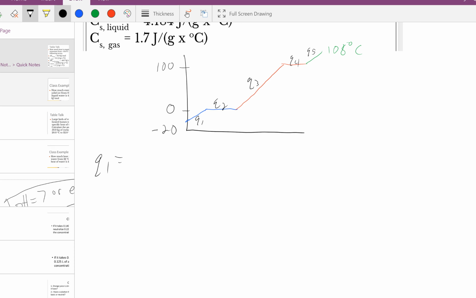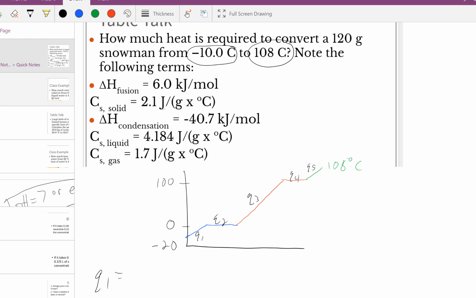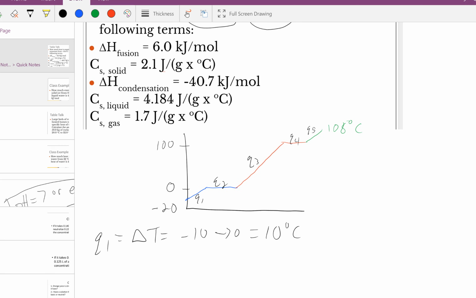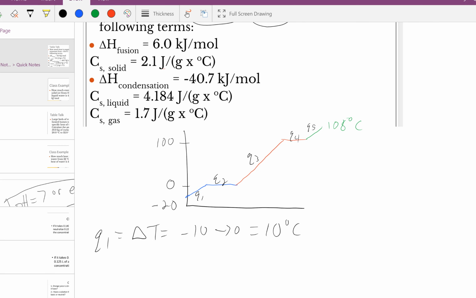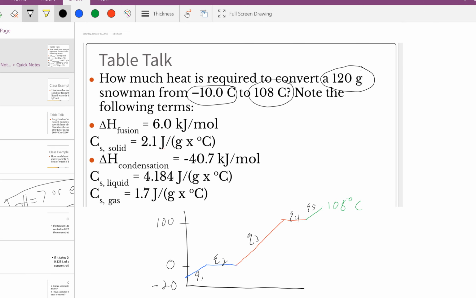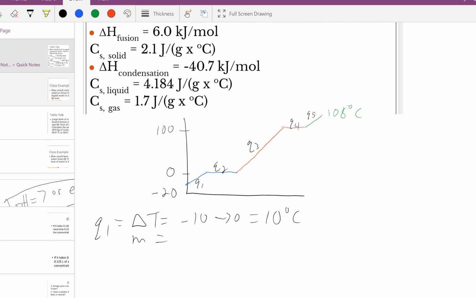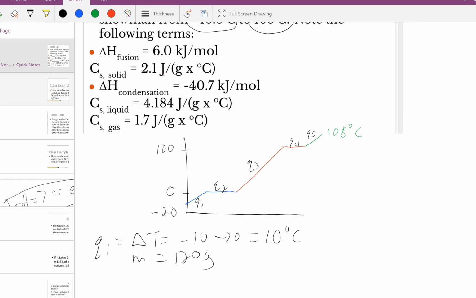And we know that at Q1, it's going from negative 10 degrees Celsius, right there. The temperature change equals negative 10 to 0, which is equal to just 10 degrees Celsius. And we know that the mass is going to be the same throughout the entire process, 120 grams, assuming that we don't lose any of the water vapor when it boils. 120 grams, and the specific heat of ice in this case, where it's blue, it's going to be solid ice.